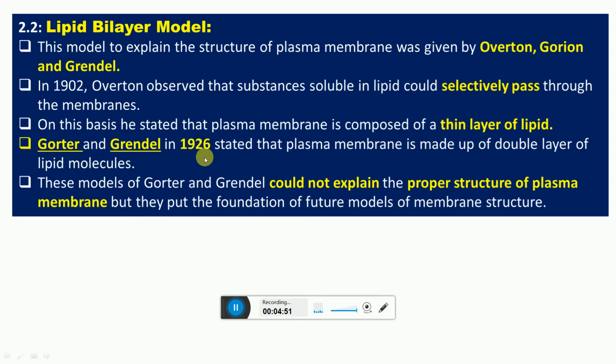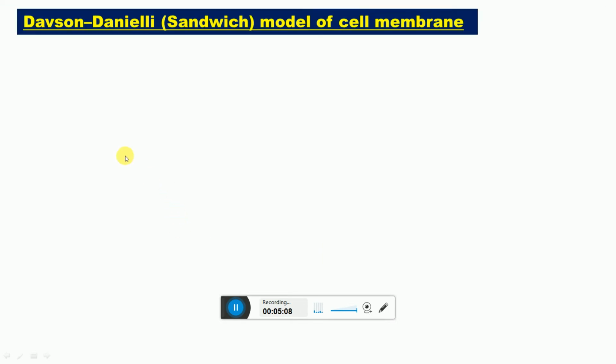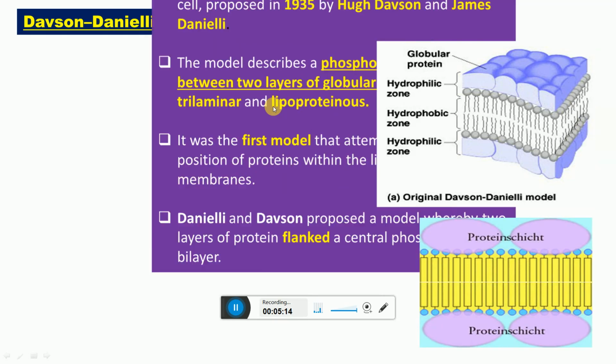Gorter and Grendel in 1926 stated that the plasma membrane is made up of a double layer of lipid molecules. This model could not explain the proper structure of the plasma membrane, but they laid the foundation of future membrane models. The only lipid. Then the Danielli-Davson model is also called the sandwich model of the cell membrane.